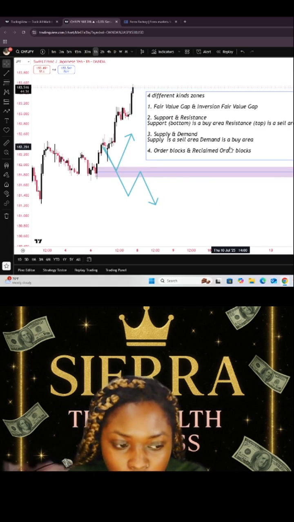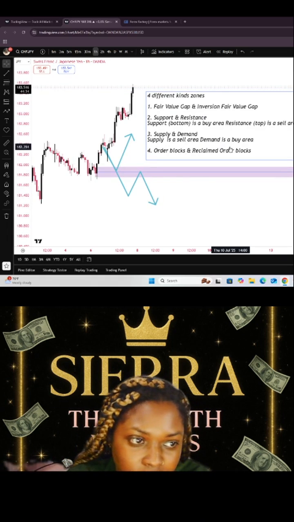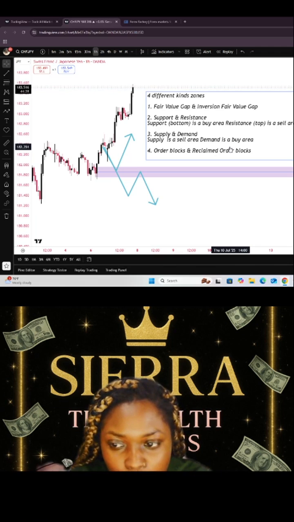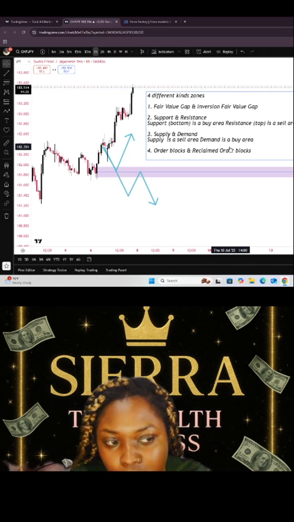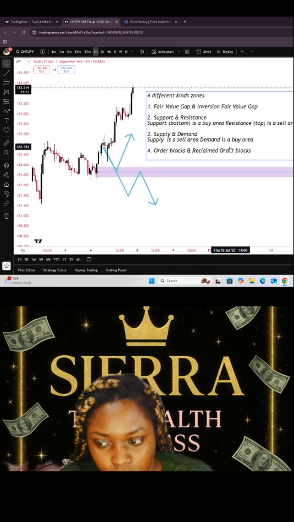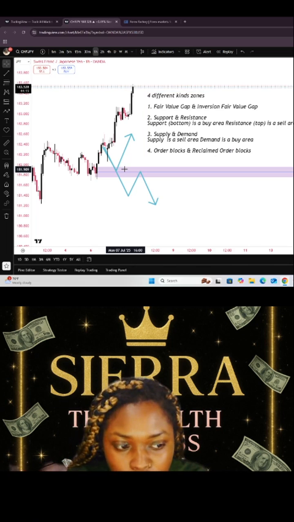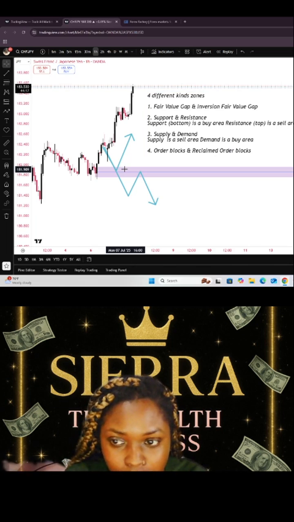All of these are zones. A lot of times you'll hear people call it POI, which is point of interest. It's just an area in the market where you want the market to come to. These candlesticks, basically, where you want these candlesticks to come to. And then you want the candlesticks to show you what it's going to do at that area.